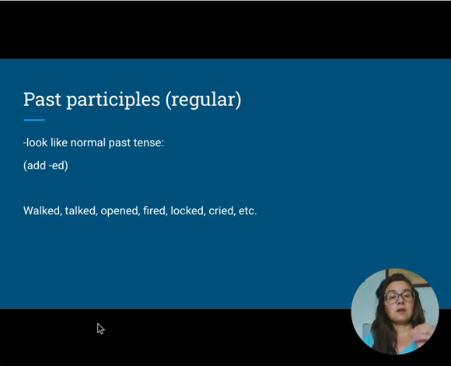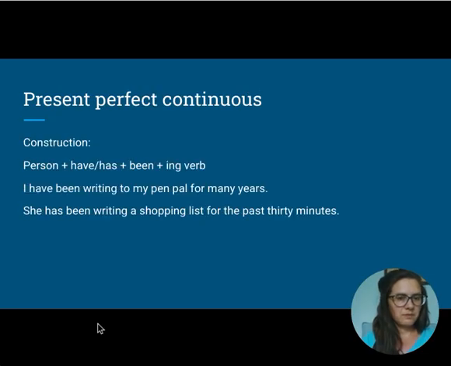Okay, so this construction is just the verb and you add ed, and it looks like the normal simple past tense, but in this case it's being used as a past participle. So just know the difference between the regular ones that look like the simple past tense and the ones I showed previously that completely change spelling, and those are the irregular ones you need to memorize for the past participles.